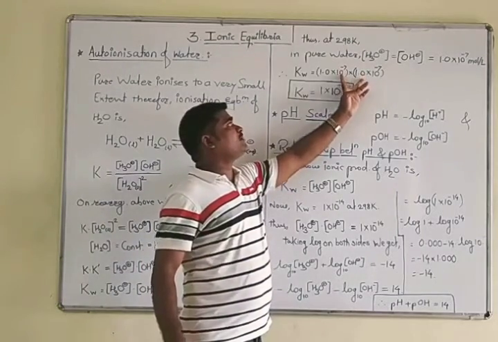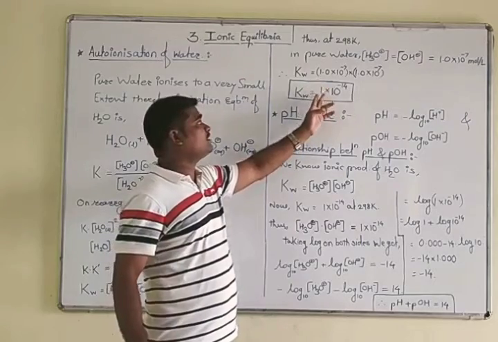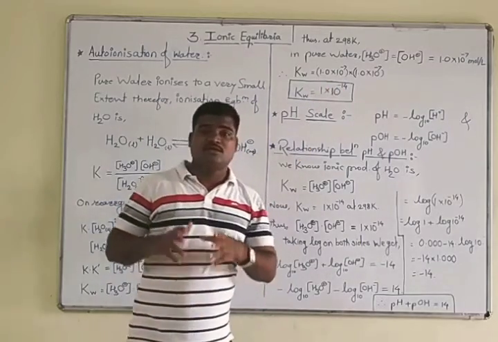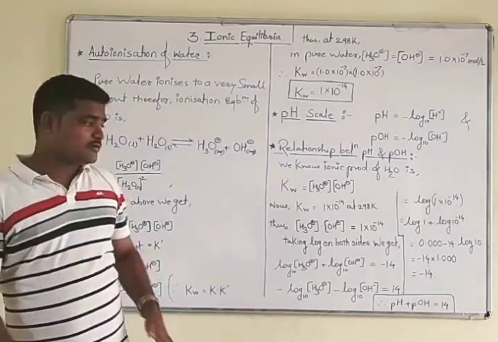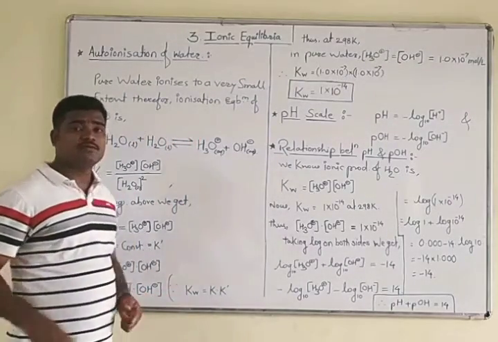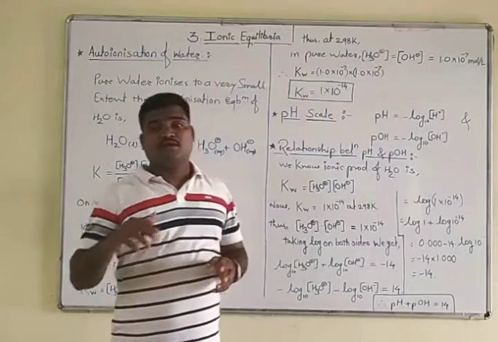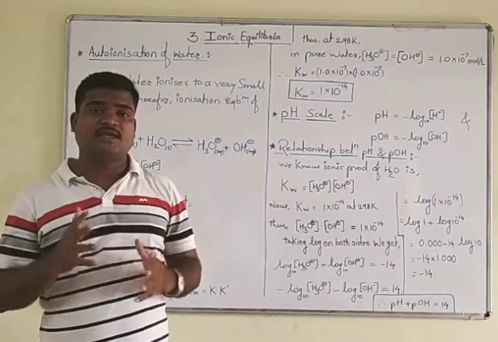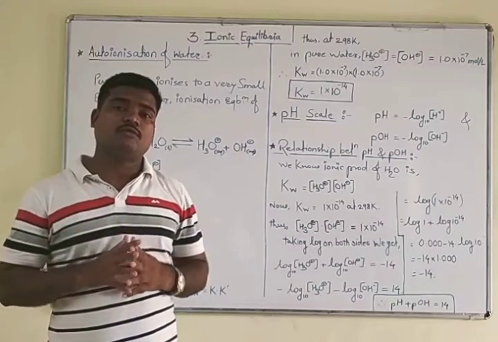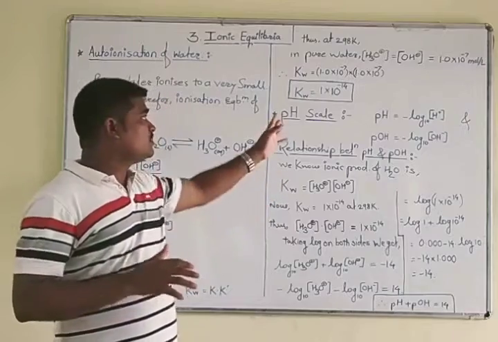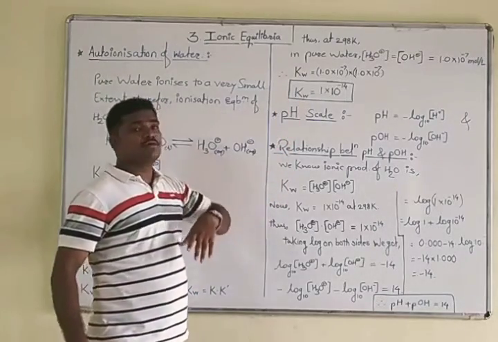By taking the product of these two values, we get 1 into 10 raised to minus 14. That is the ionic product of water, Kw, and its value is 1 into 10 raised to minus 14. So this is about the ionic product of water.